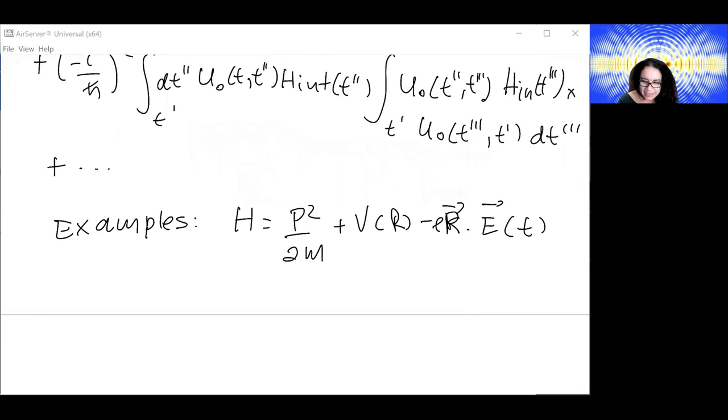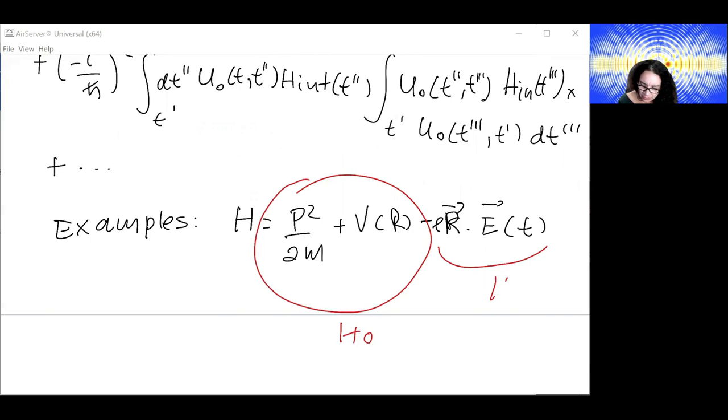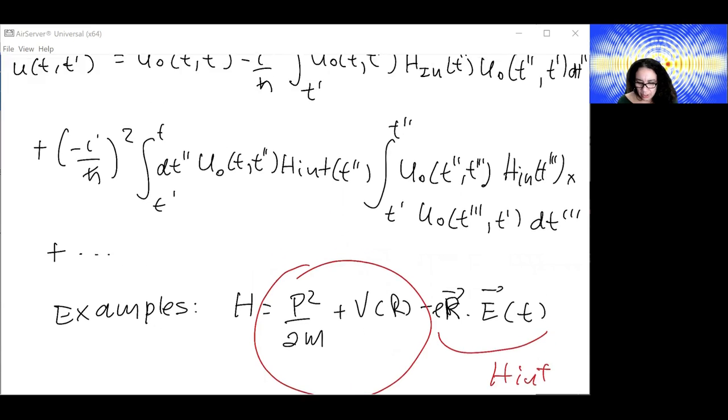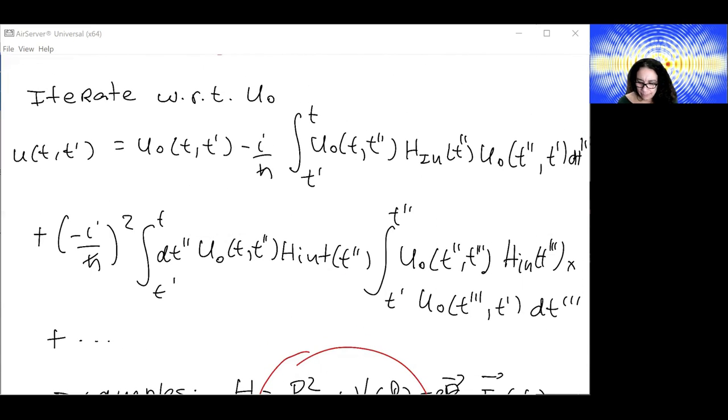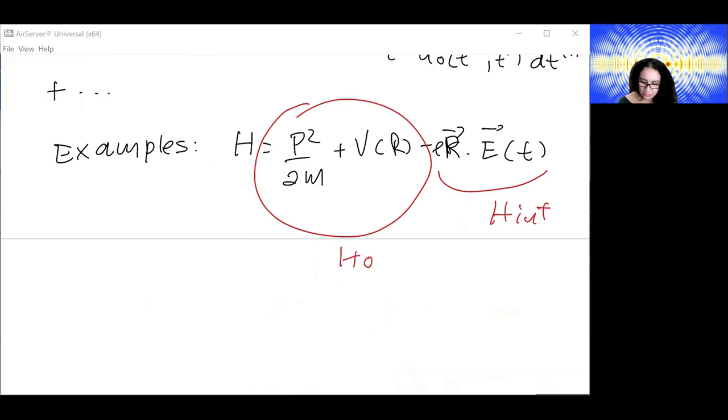Then you could say, for instance, that this is your H naught, and this is your interaction Hamiltonian, and then you get a series in E, E squared, etc., E to the power n or more. You see that you get E squared and so on and so forth.